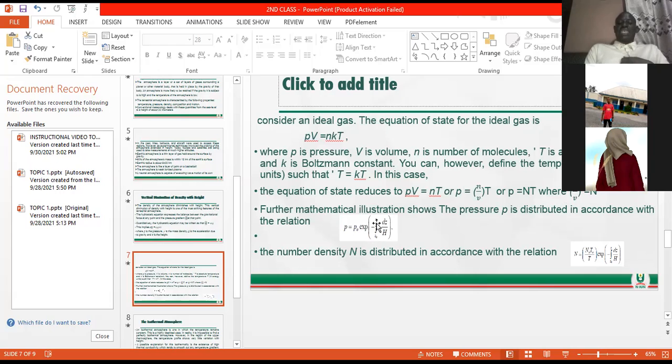But what you need is this one equation here, and for the pressure, the distribution of pressure relative to height, then number density is distributed according to this relation. So n equals n naught T naught over T exponential dz, 1 over h dz. So note this relation and this.